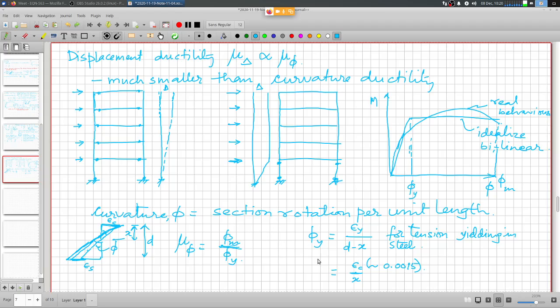So this is the yield curvature that is determined, and maximum curvature is of course at the ultimate load. So usually you will find that it is often greater than 20, and this is when I consider the displacement ductility of the order of 4.